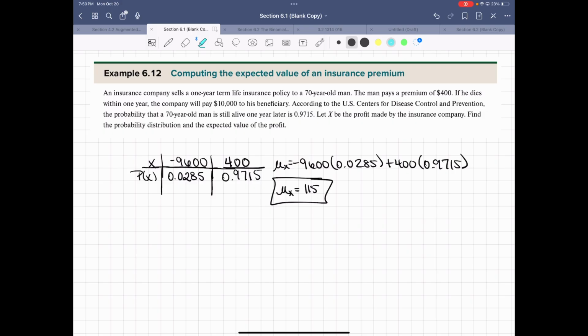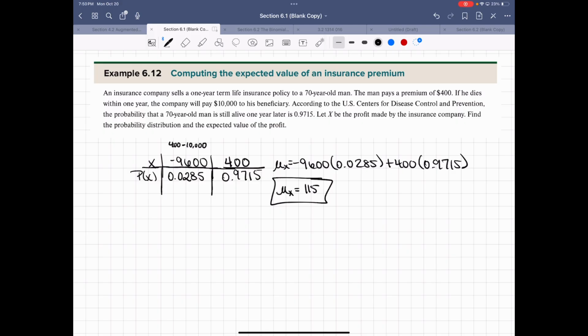He's already paid $400. He gave them $400, so they're really only out $9,600. That negative $10,000 is offset by the $400 he originally paid that year, minus the $10,000 they're going to have to fork out if he dies within the year. Okay? So they could lose $9,600, or if he keeps living, they've gained $400.